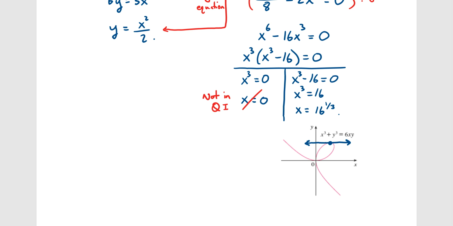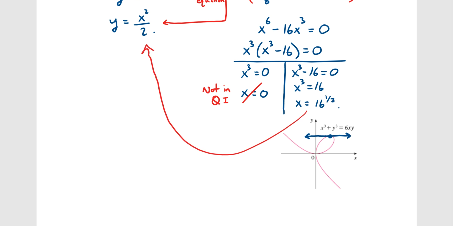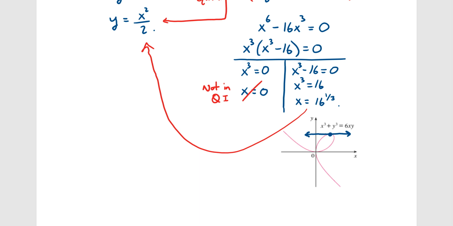Either way, we know it's in the first quadrant because we know the x value is positive. Let's figure out what the y value is. To figure out what y is, all you have to do is plug this right back into here because we already have y nice and solved for. You could also plug it back into the original equation, but that's going to make it more difficult to solve for y. So just plug it into there.